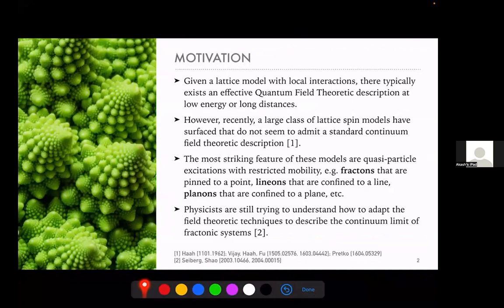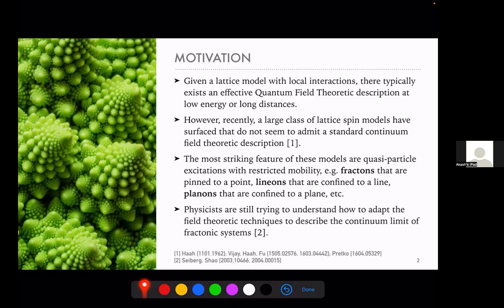There's typically not a general proof of such a statement, but it's believed that if you take, for instance, the Ising model or any lattice system with local interactions, you will expect some quasi-particle excitations in the long wavelength limit, and you can just focus on these quasi-particle excitations and forget everything about the microscopic details of the theory.